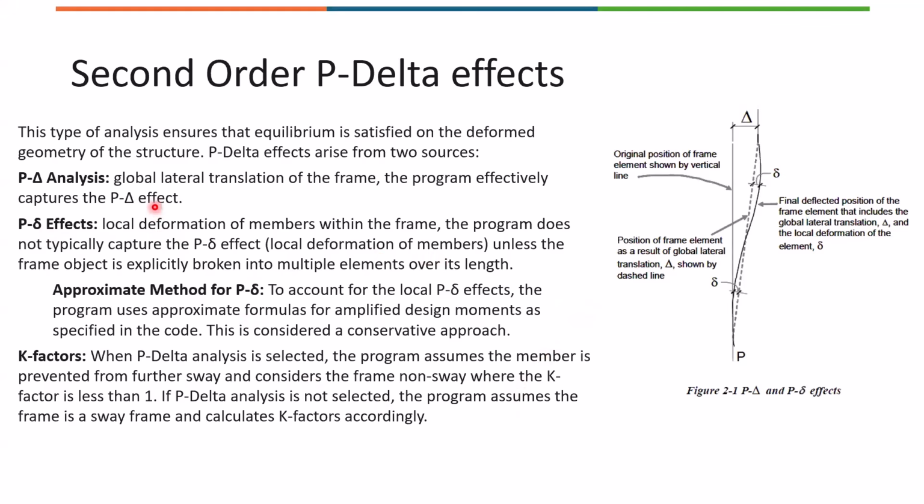So the recommended way is you do the P delta analysis, and then the local bending effect is captured through the conservative design process. However, if one wishes to model the local effect, one can introduce joints in the frame or break the elements, that will also do.